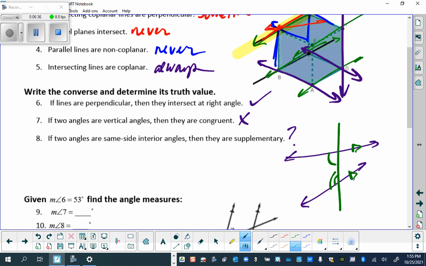So if I'm not told the lines are parallel, I can't guarantee that same side interior angles are going to be supplementary. When I switch the converse around, that's not true either, because I can have a whole lot of supplementary angles. Case in point, any linear pair is supplementary, and that has nothing to do with same side interior angles.